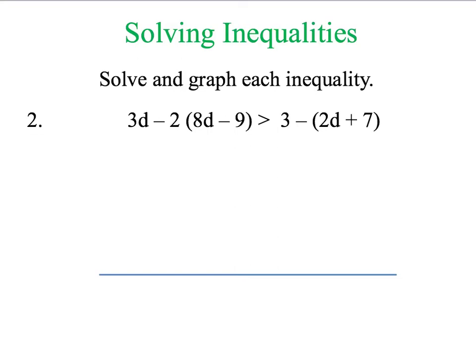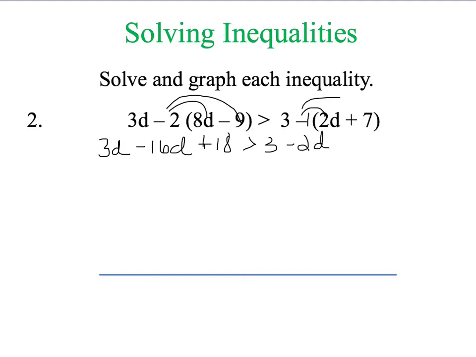Let's go ahead and try the next one using the distributive property. Here I want to distribute, so the 3d just comes down. I distribute negative 2: negative 16d, and negative 2 times negative 9 is positive 18, which is going to be greater than 3 minus 2d minus 7.